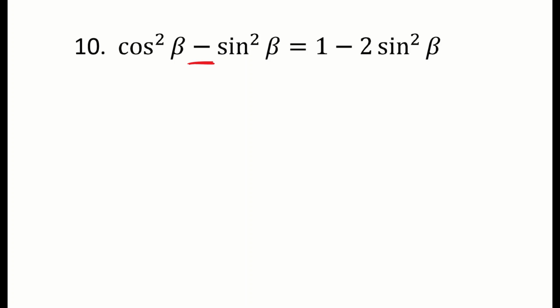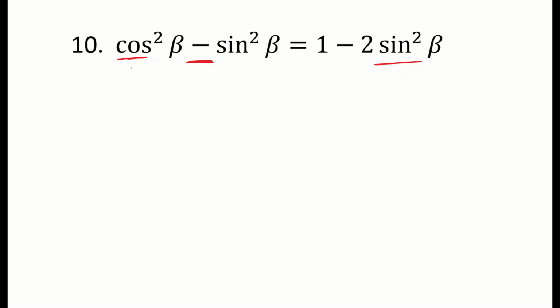So we notice on the right hand side we have only sine squared beta, right? And here we have cosine squared beta. So maybe that's telling us we should replace the identity for cosine. The identity for cosine squared is the same thing as 1 minus sine squared beta, and then we have the minus sine squared beta here as well.